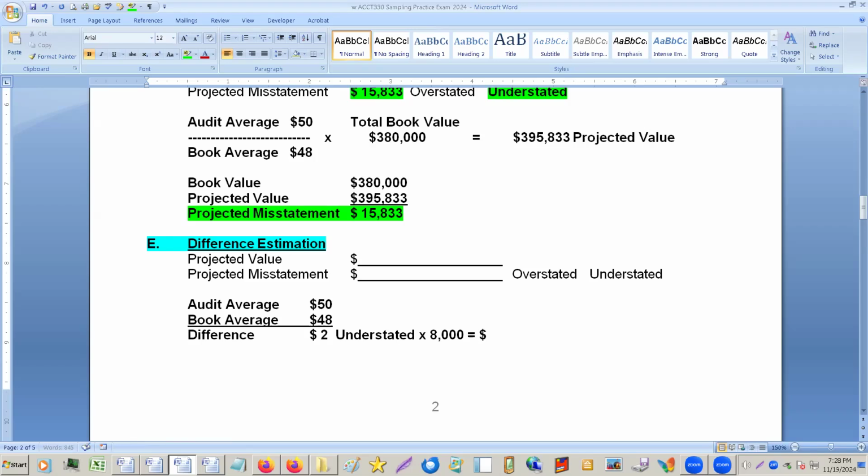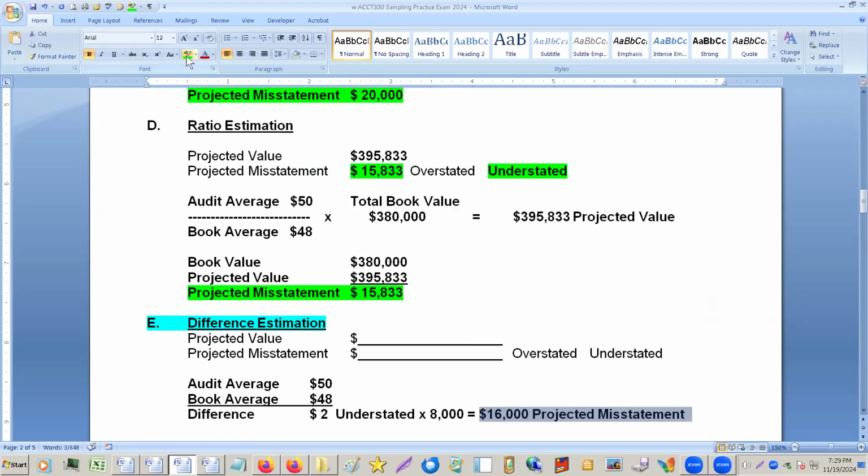This is the projected misstatement. And again, this is kind of the wacky one in that we get the misstatement first.